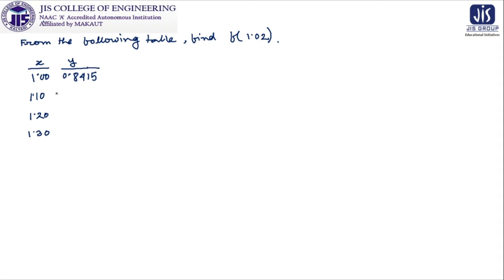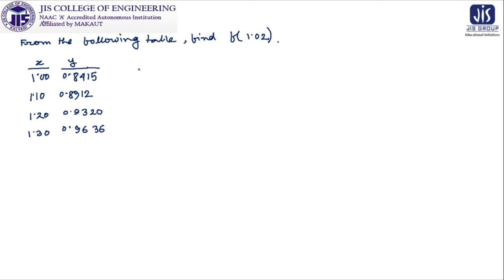In this situation, I just want to remind you all that please practice the problems when you are doing it manually with the help of calculators, not by mobile but by some calculator which is allowed in your specific examinations. So this is the table what is given to us.